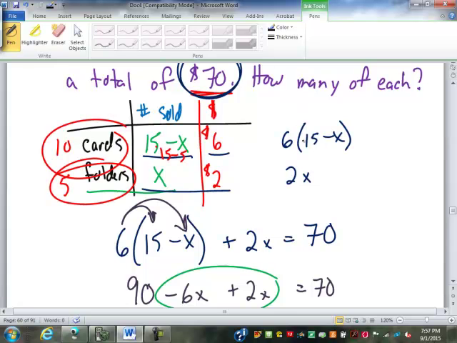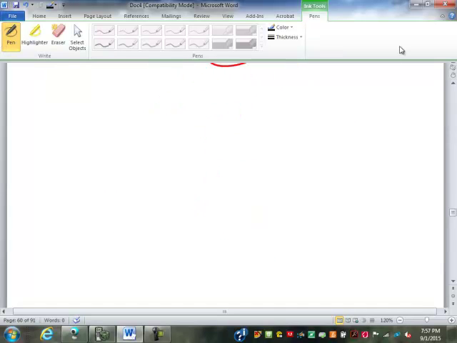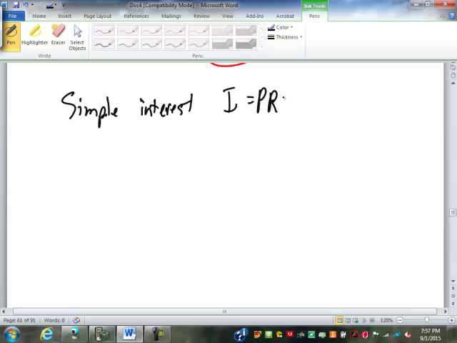Okay, only one more example I want to show you, then I'll turn you guys loose for the night. If simple interest is given by I equals PRT, we went over some examples of this last week.